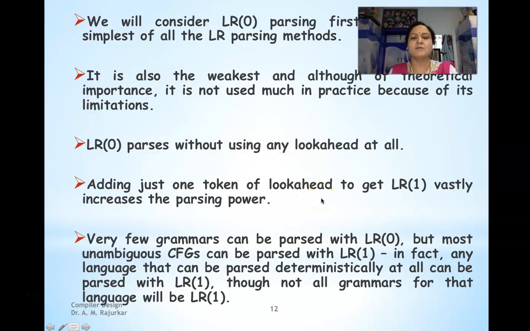There are very few grammars that can be parsed with LR(0) because of its limitations, but almost all unambiguous context-free grammars can be parsed with LR(1) compared to LR(0). In fact, any language that can be parsed deterministically at all can be parsed with LR(1). So any context-free language that can be parsed deterministically has an LR(1) grammar, though not all grammars for that language will be LR(1).